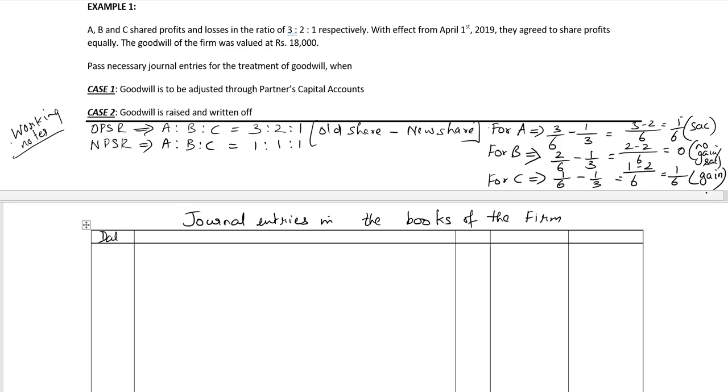Date, particulars, LF number, debit rupees and credit rupees. Let's begin with case 1.